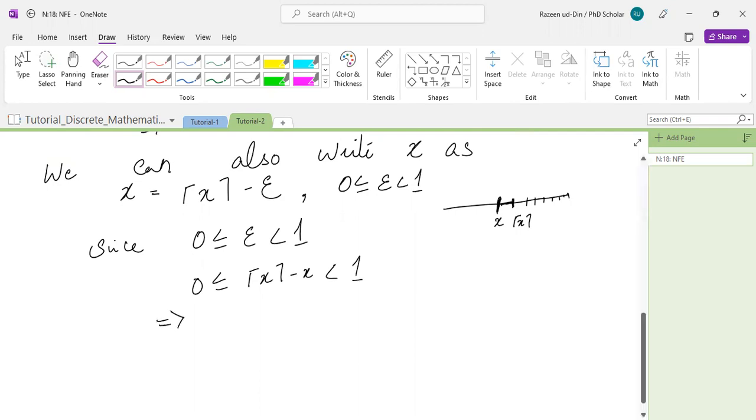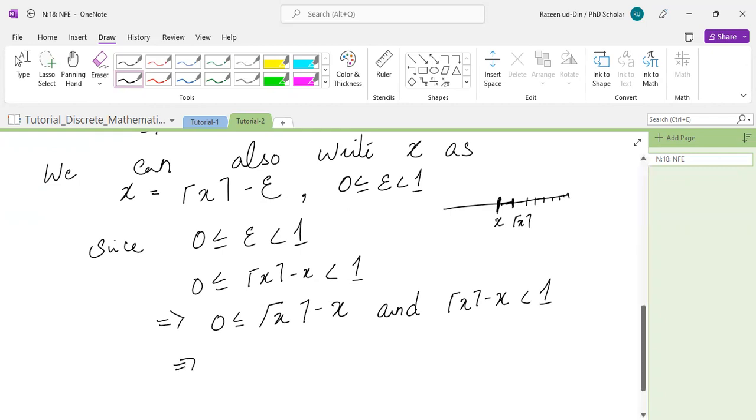And this implies that 0 is less than or equal to this factor, and at the same time this is less than 1, too, right?